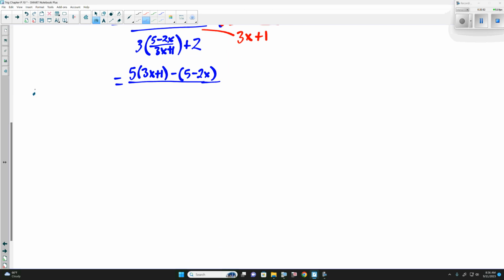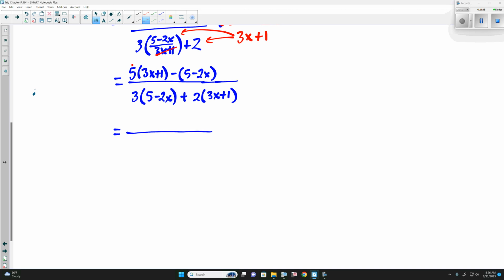Now when we do this with the denominator, we still have the 3, but the 3x plus 1 that we multiplied it by in the denominator will cancel, leaving us with 5 minus 2x plus. Then we have 2 times 3x plus 1.